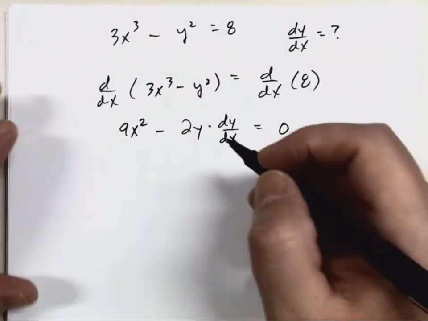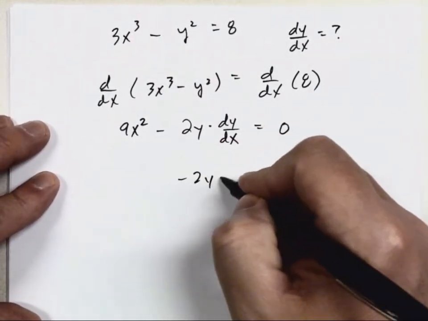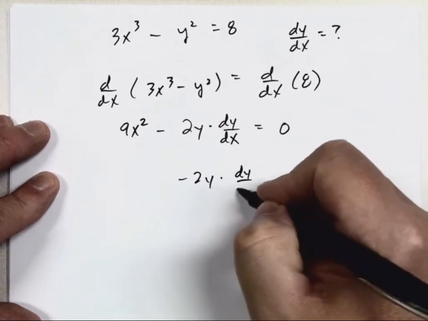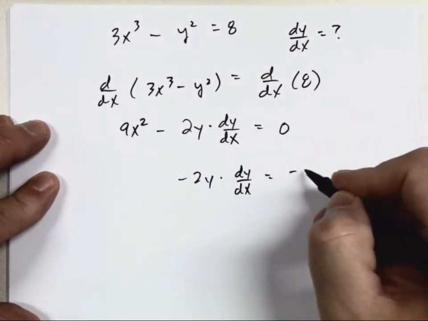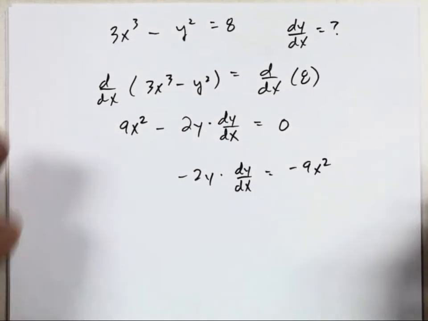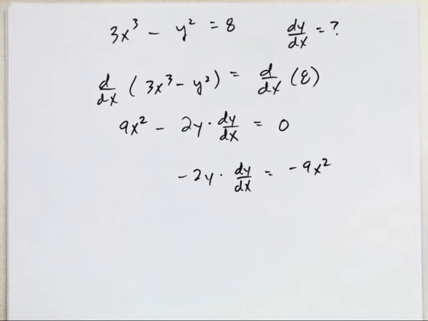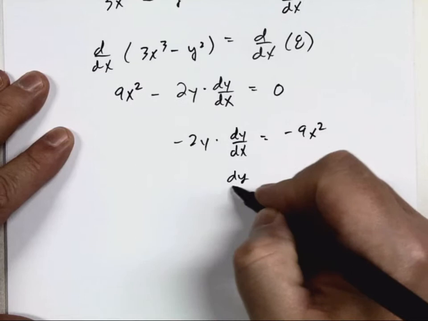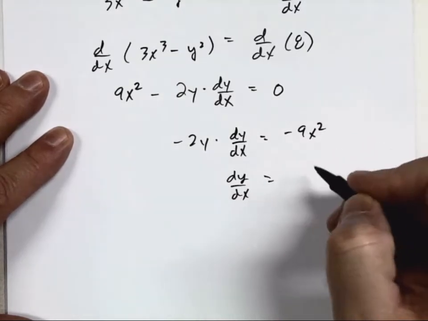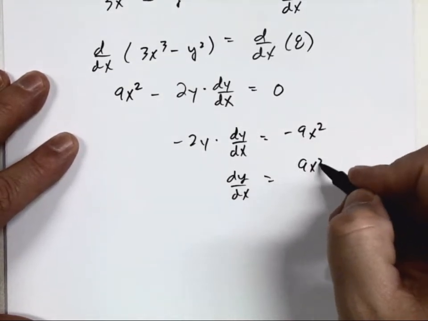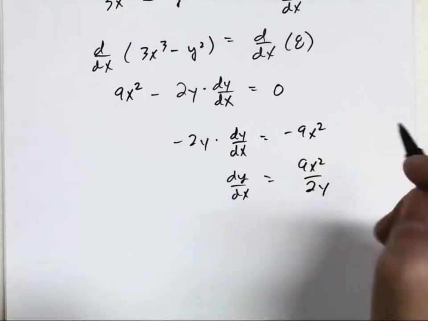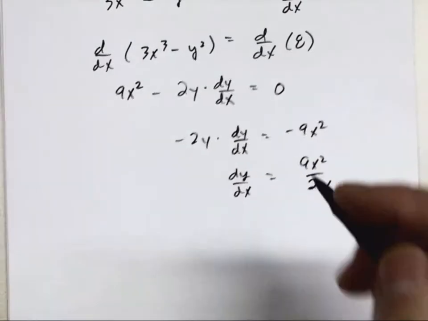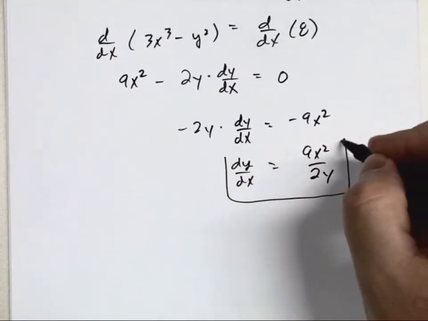We'll subtract 9x squared from both sides. And if I want to get dy dx by itself, I'll then divide both sides by negative 2y. And the negatives cancel out. And that should be your derivative.